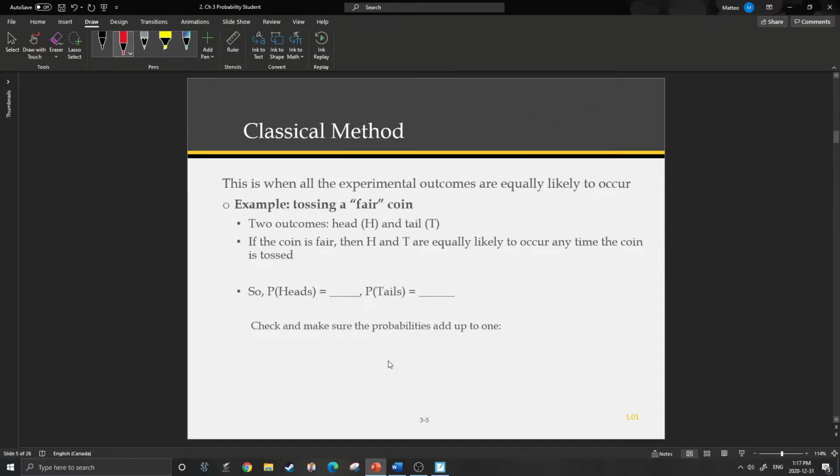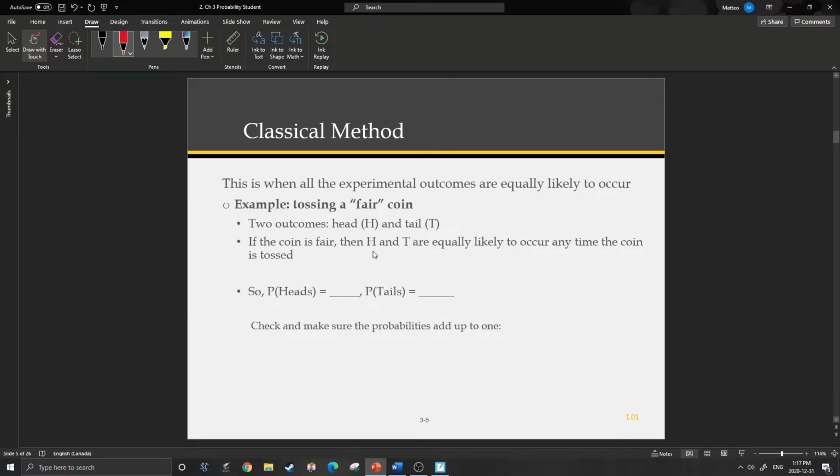So, the classical method. Let's talk about that fair coin toss. When all the experimental outcomes are equally likely to occur, for example, tossing a fair coin, your textbook will make mention a lot of fair coins and fair dice. I don't know why, but I guess that's something people argue about. The two outcomes here are heads or tails.